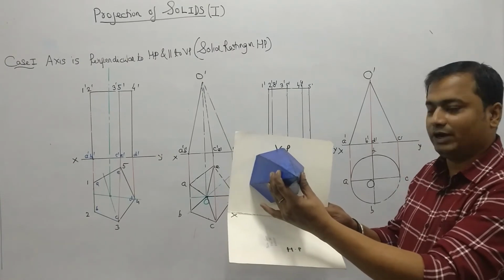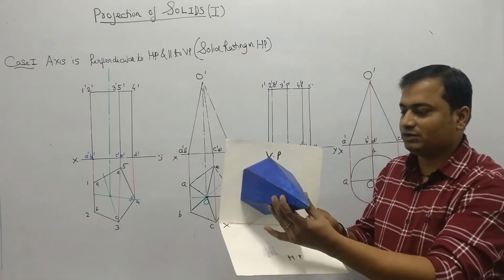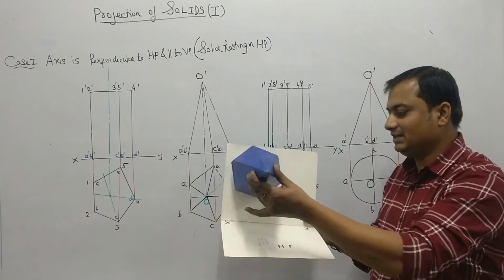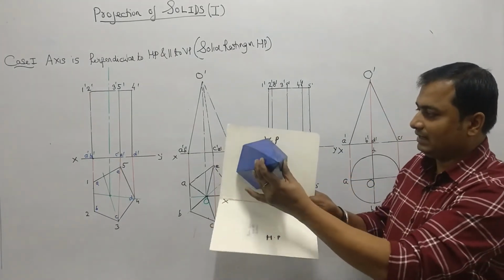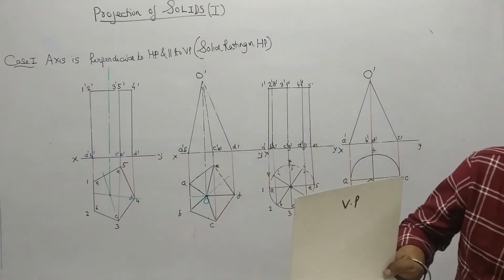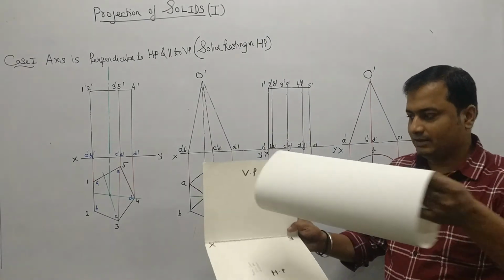Now all the solids are going to rest on the VP, or you can say standing on the VP. In the first case the solids were like this, but in the second case all the solids are going to rest like this.